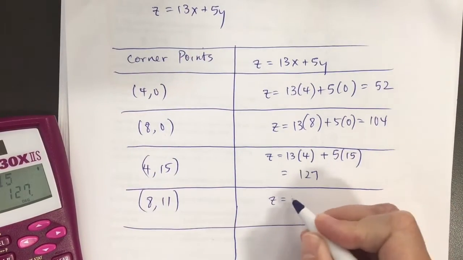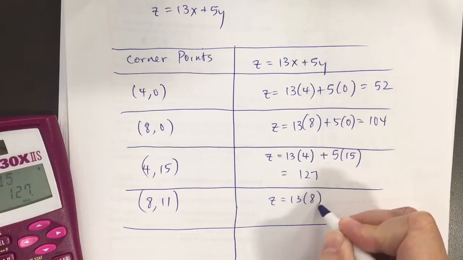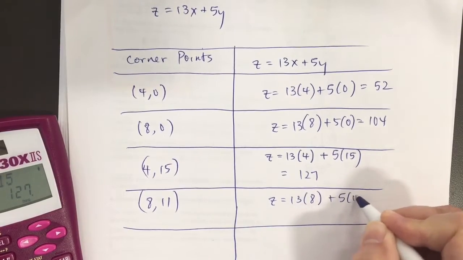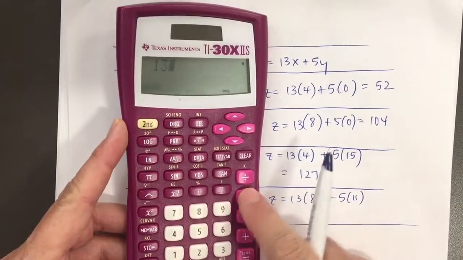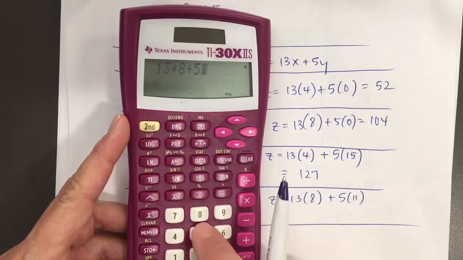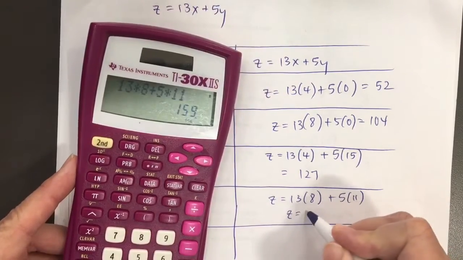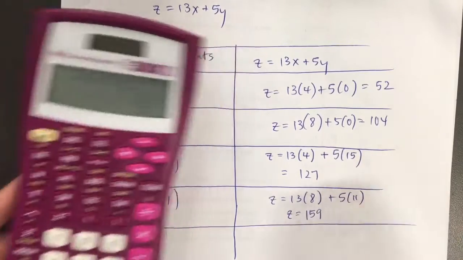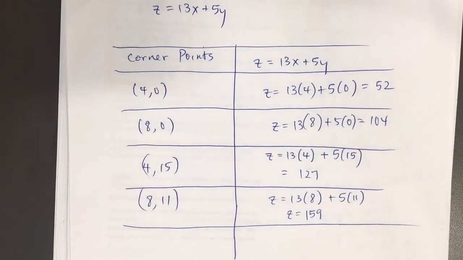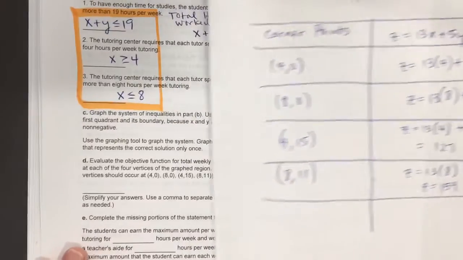Then the last one, 13 times 8 plus 5 times 11 is 159. They want you to type in all 4 of those numbers you got from the corner points.